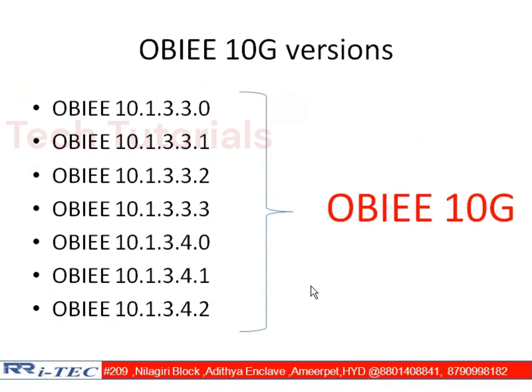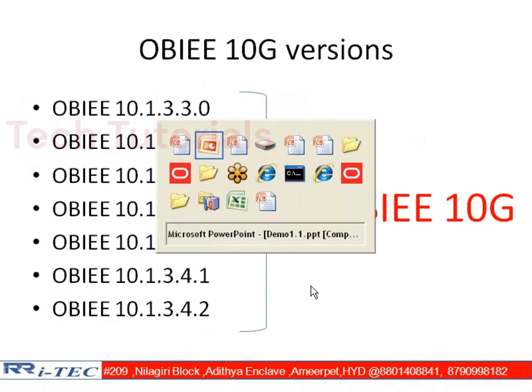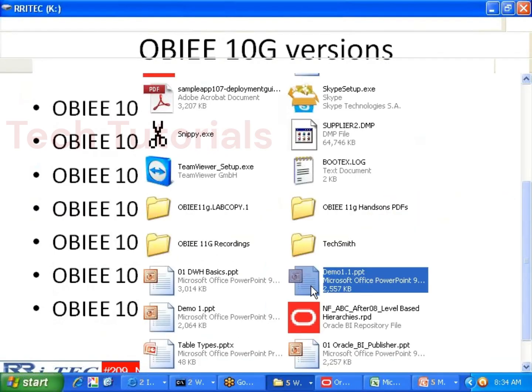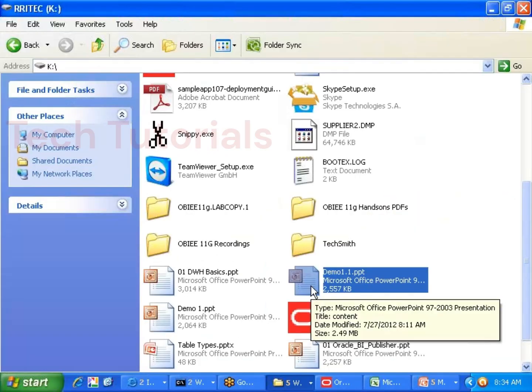Are you clear? Okay. So you understand the migration definition: moving the RPD and web catalog from an OBIEE 10g version to an OBIEE 11g version, or from one lower version to a higher version, is called migration.